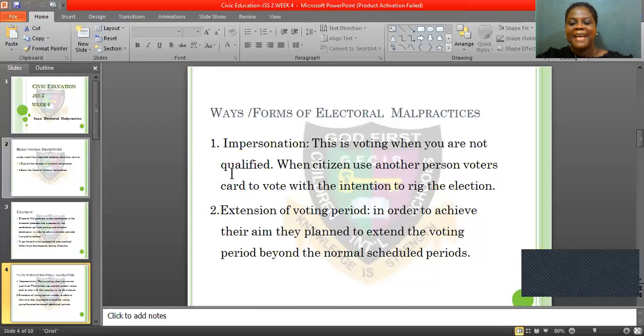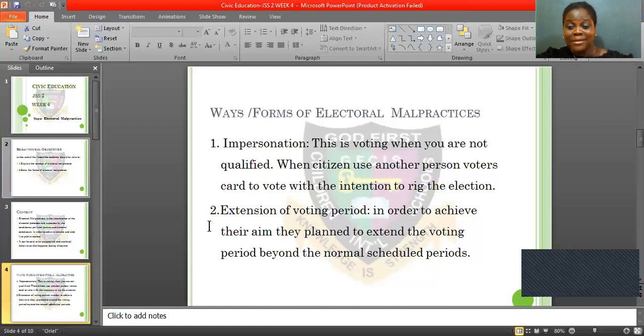Let's move to another way that there can be electoral malpractice. We have extension of voting periods. During the NYSC period, some NYSC corps members were used as INEC officials. They were paid to go and be INEC officials in some remote areas.